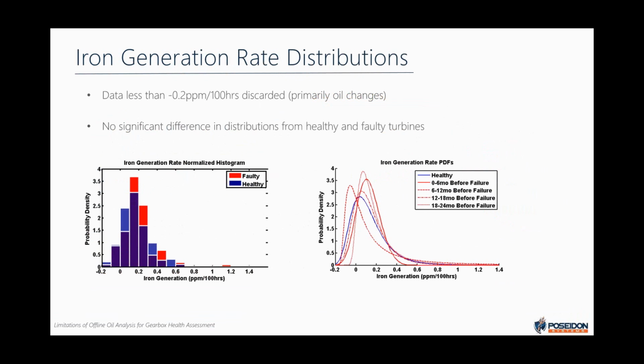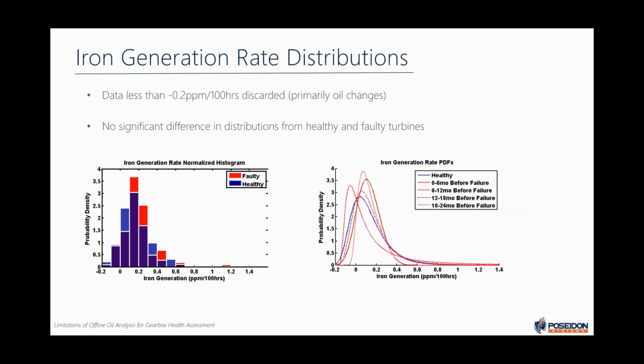So data from 6 months before the turbine failure and healthy data was fit to the normalized histogram on the left. This shows how closely faulty and healthy turbines were in terms of iron generation rates. The same data is shown fit to a PDF on the right.